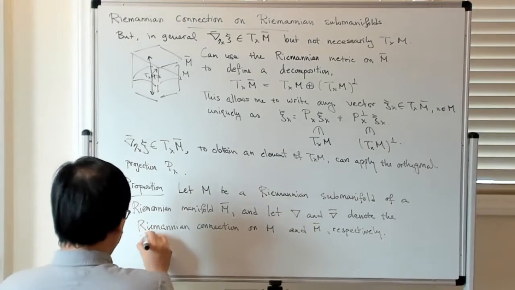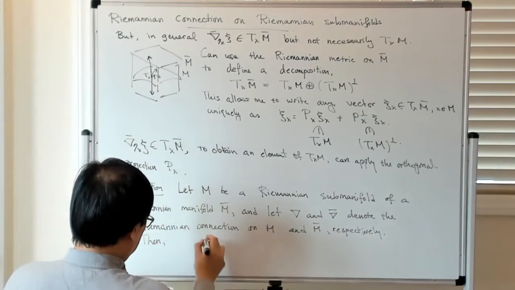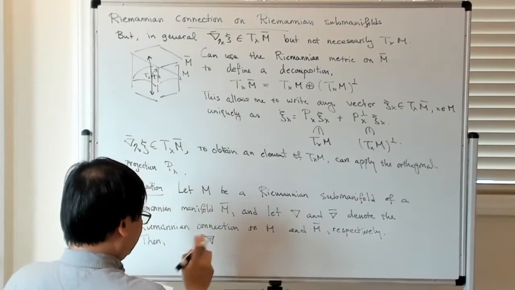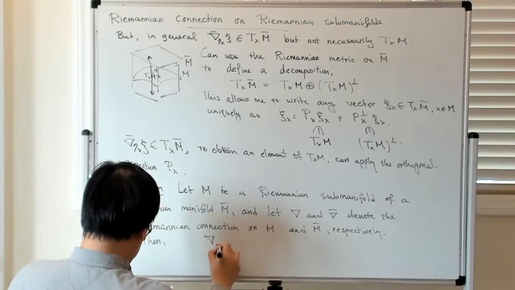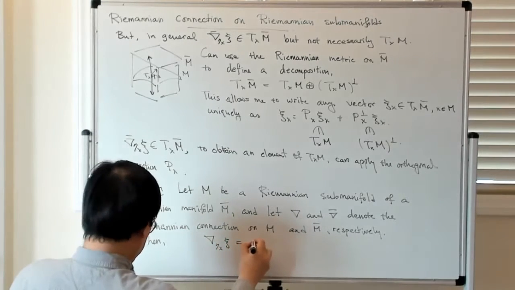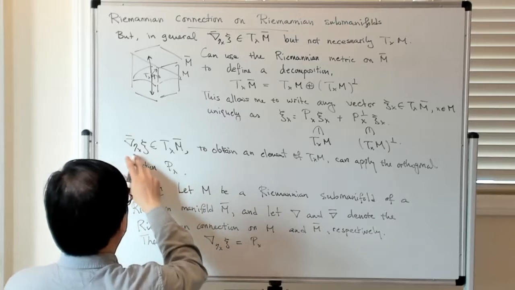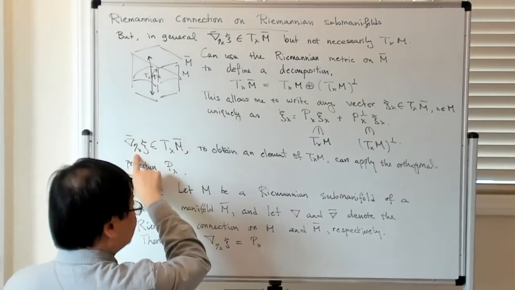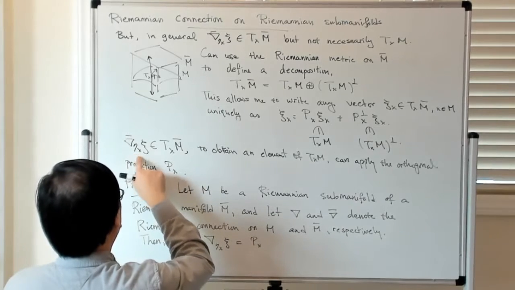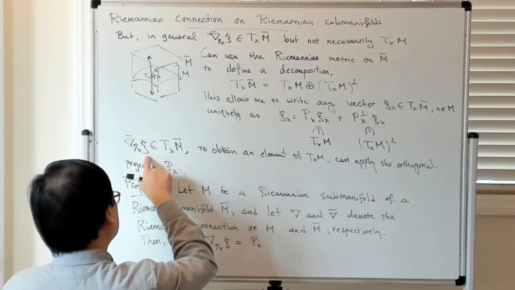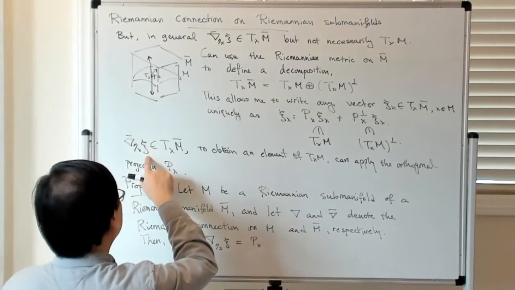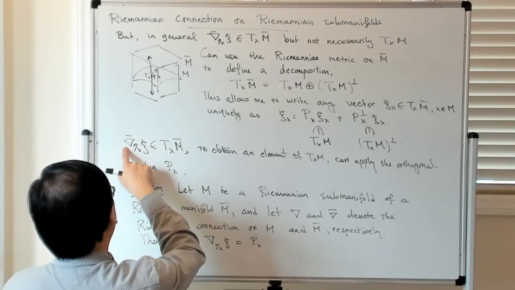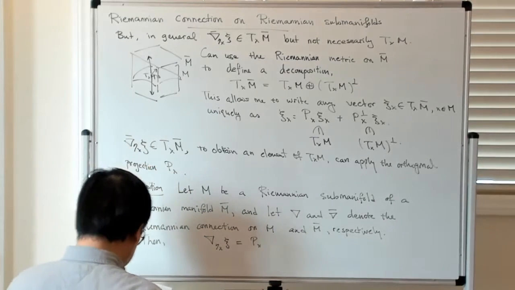Then the following is true: I can define the Riemannian connection in M bar as just a projection of this object here, which I defined by the inclusion of the vector into M bar, the smooth local extension of the vector field into M bar, and then applied the Riemannian connection on M bar to that, right?